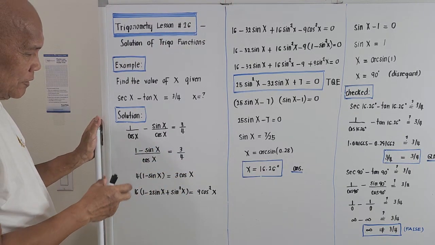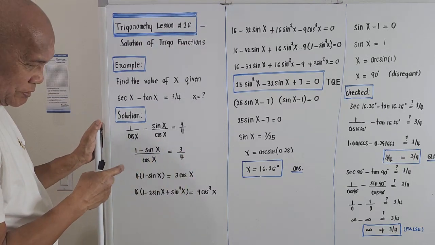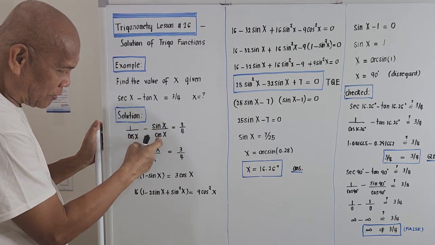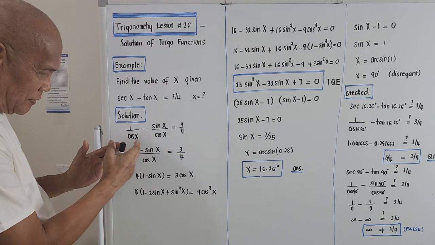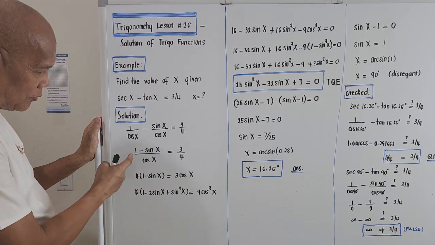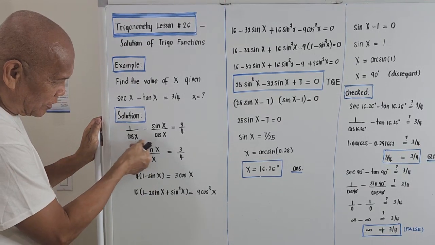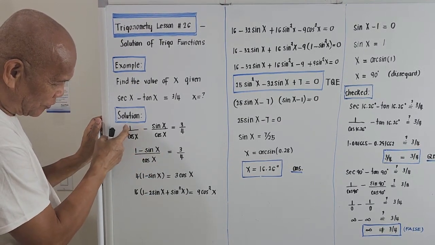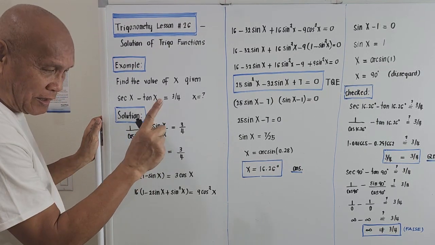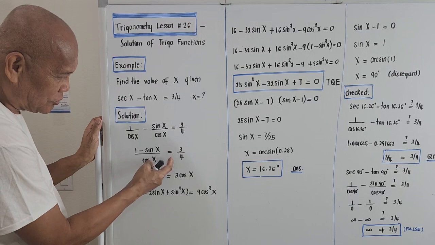And luckily, we are given two fractions on the left, in which the first fraction is 1 over cosine, and the second fraction is sine over cosine. So the fraction on the left can be written as a single fraction, in which the equivalent will be 1 minus sine of x all over the common denominator cosine of x. We just take the difference of the individual numerators, which is 1 minus sine of x, and the common denominator is cosine of x. This is all over cosine of x, and this should be equal to 3/4.